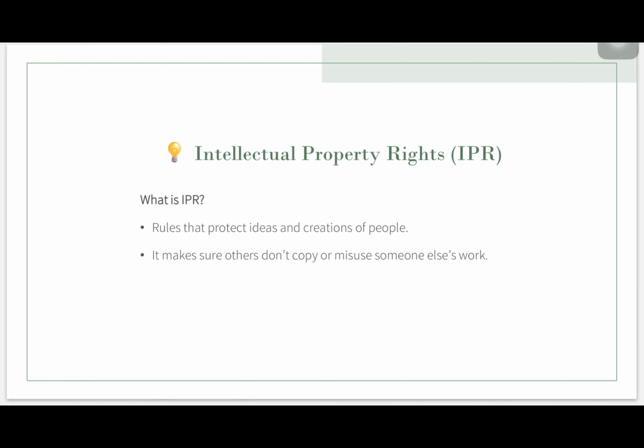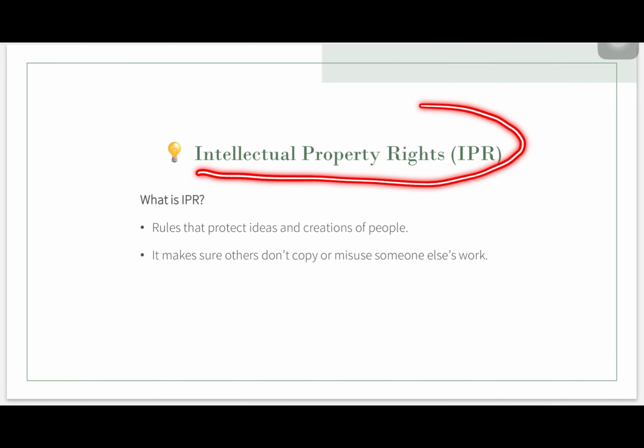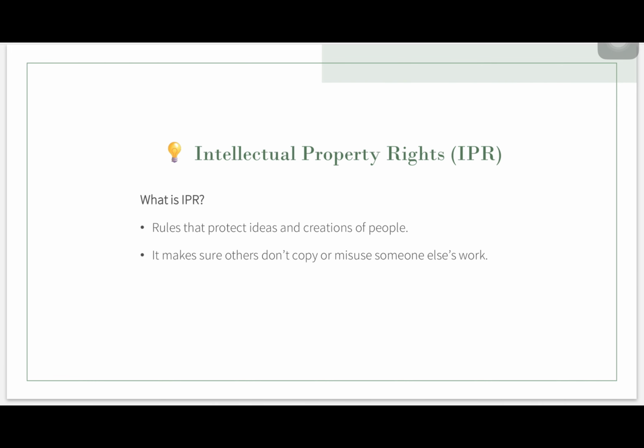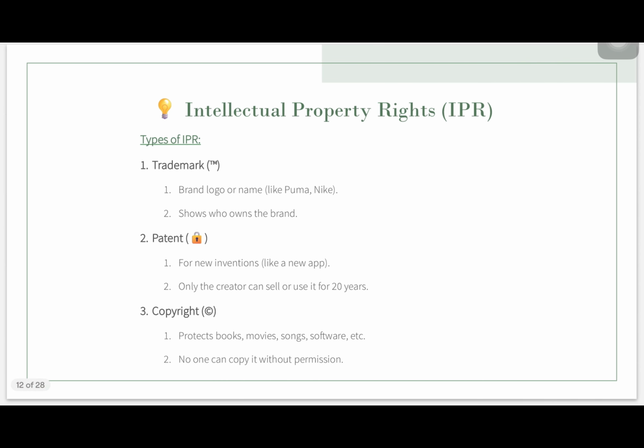For example, if I build a new thing, an innovation which is unique in the whole world, no one has seen this or ever thought about creating this, and I have created it, I will register it under the IPR rules. If I register it, no one else can use that thing without taking my permission. So what it basically does is protect my idea, correct? The creations of people. So it is called IPR.